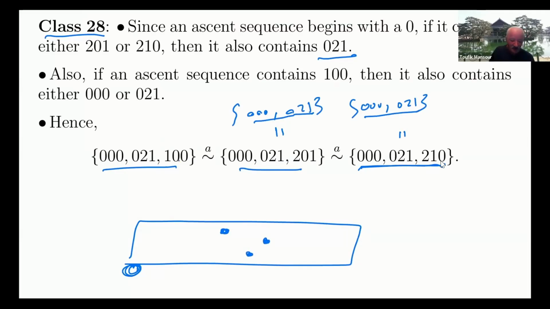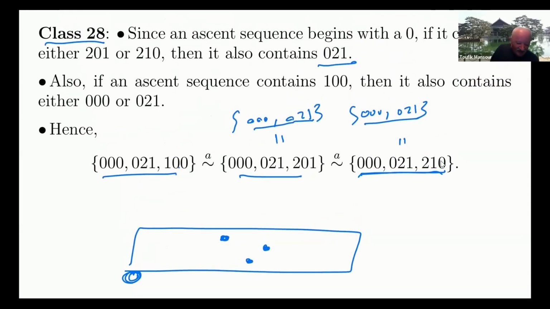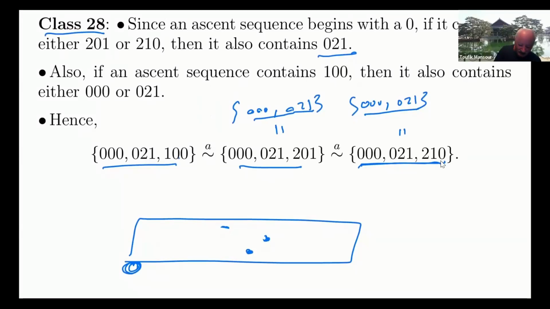What about 100? Also, let us say, if an ascent sequence contains 100, then it also contains 000 or 021. Either this or this. Let us try to explain this. Here it is. And let us assume we have 1, 0, 0. So there are 2 possibilities: either this is zeros, in this case 0, 0, 0, 3 zeros, or this is bigger than 0, that means at least 1.